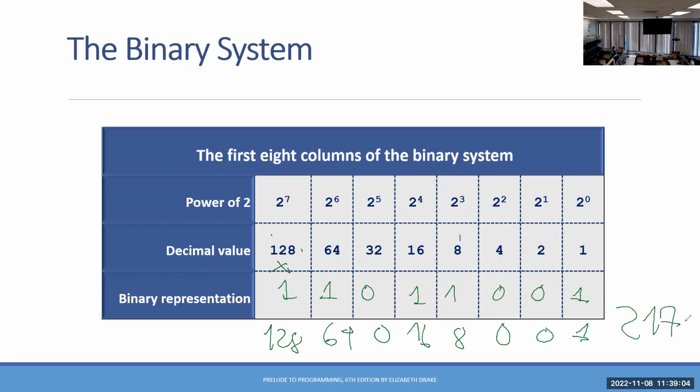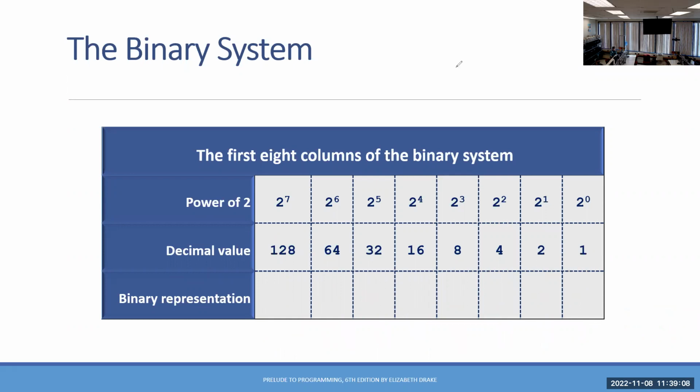Make sense? It's very simple, right? But the thing you have to understand is the position value. The first column is 1, then 2, 4, 8, 16, 32, 64, and 128. When you understand the position values, it's very easy to convert from binary to decimal.